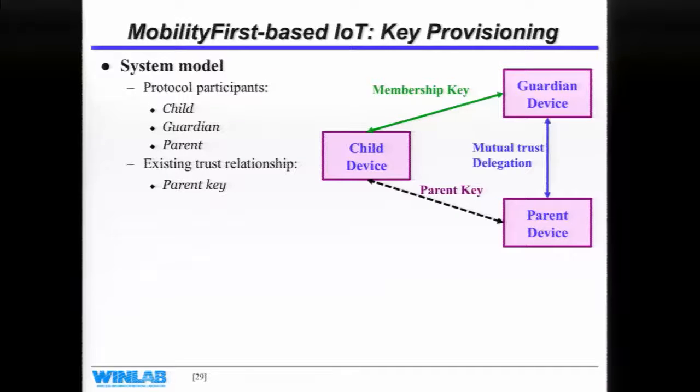Also, as the parent kicks in, we need to build a mutual trust dynamically between the guardian and the parent, so that later the parent can delegate its privilege regarding this child and help the child and the guardian to establish a new trust relationship, which is the membership key.